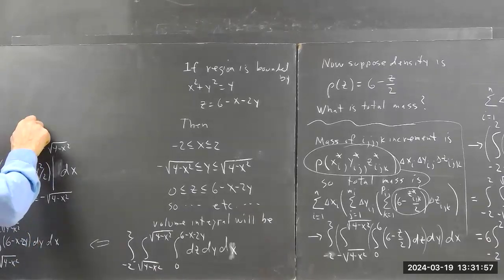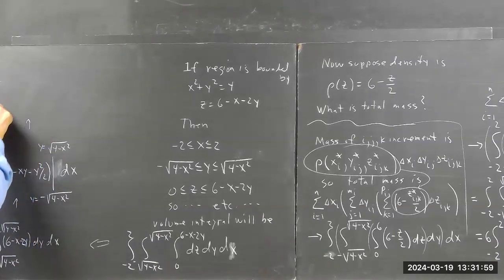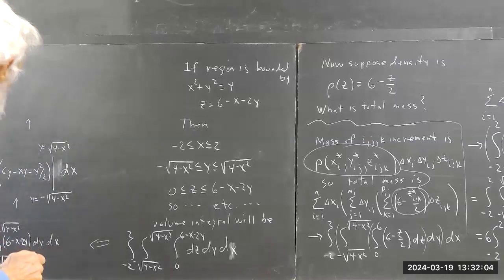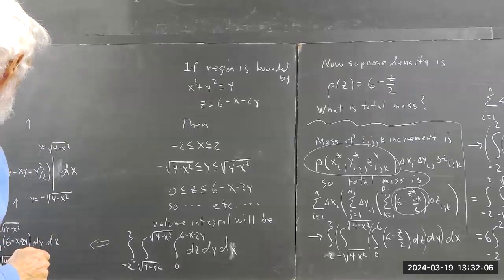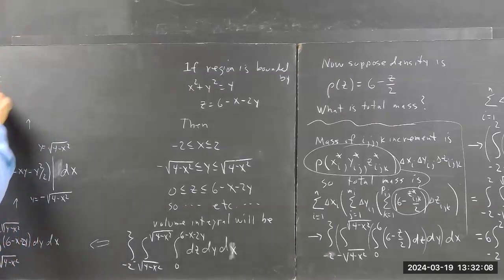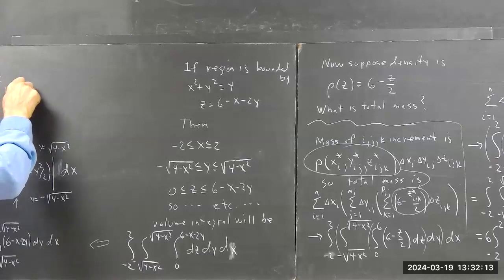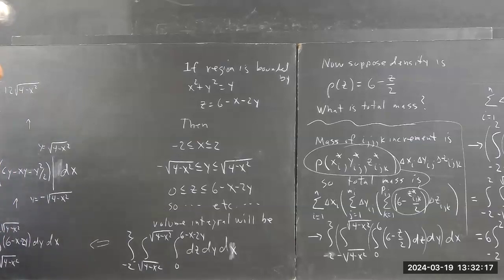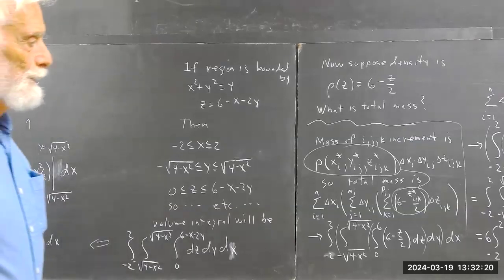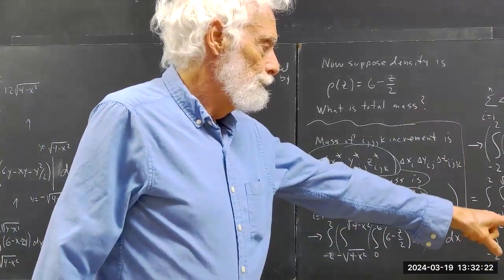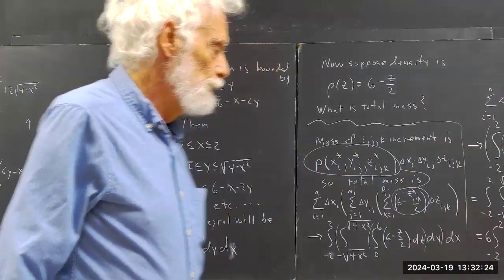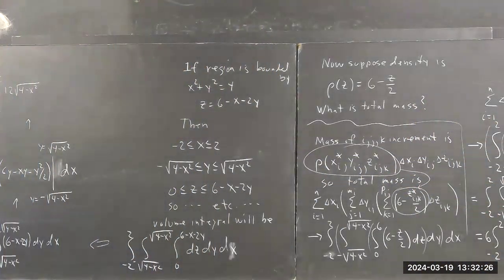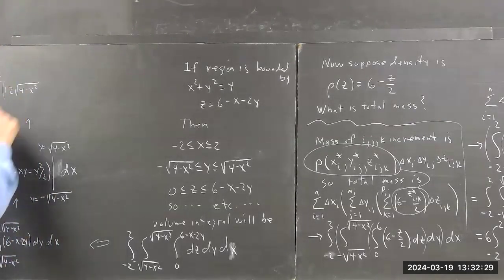And that's going to give us what? Integral from -2 to 2 of, going to be 12 times the square root of 4 minus x squared. Same thing we would have gotten over here if we'd have done it that way.